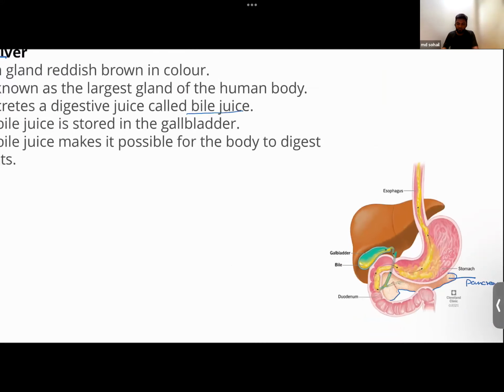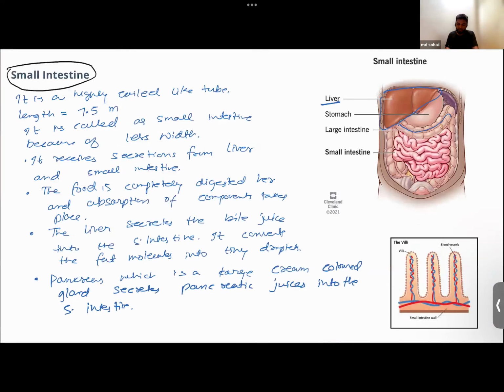So what will the pancreatic juice secreted by the pancreas do? There are still compounds like fatty acids, glycerol, carbohydrates. It will convert the fats into simpler compounds. So it also acts upon the fat.